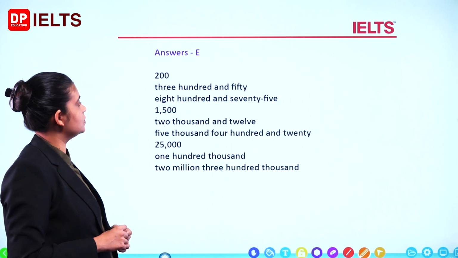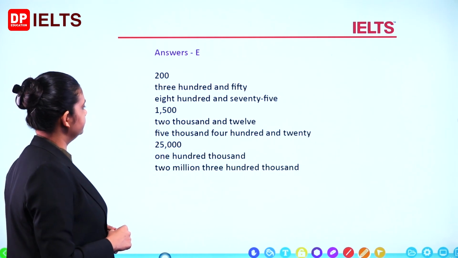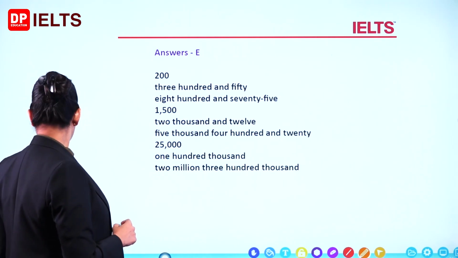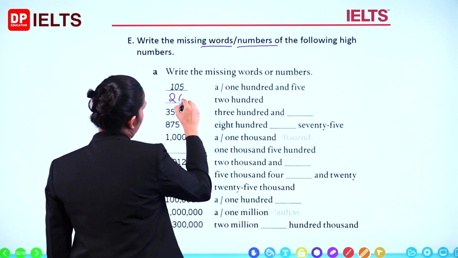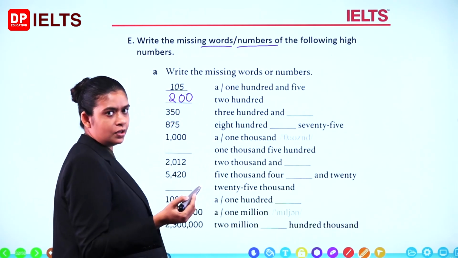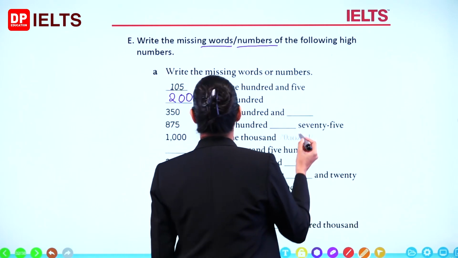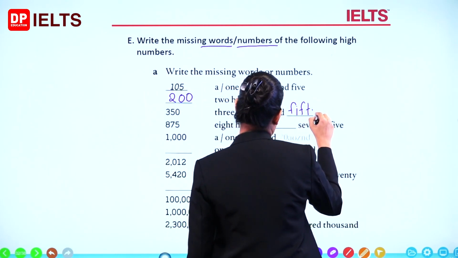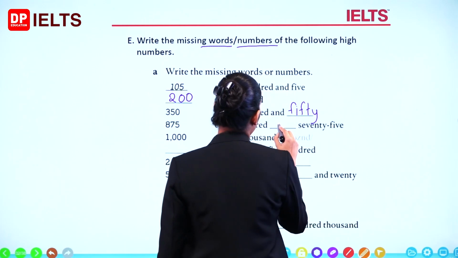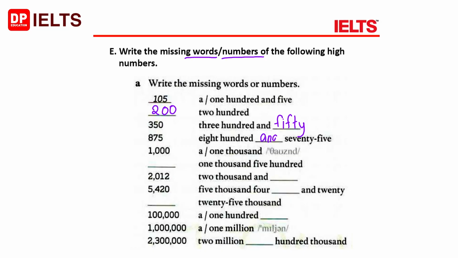All right, so let's have a look at the answers. Have you got these? Okay. Just for me to put it down for you, we have 200. Okay, in case you want a bit of support, 350, 875, 1,000, okay, 1,500.